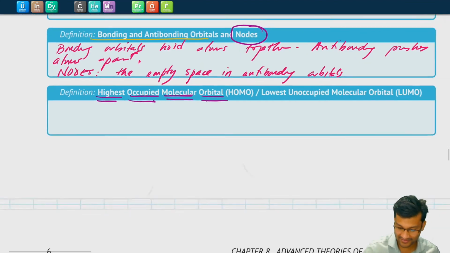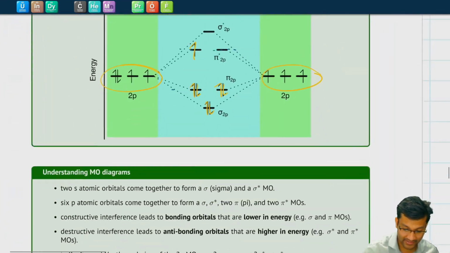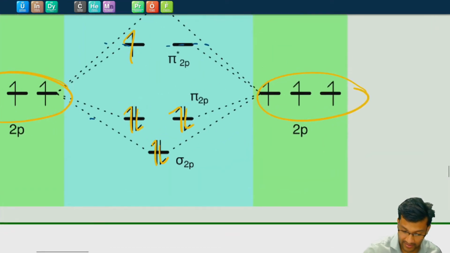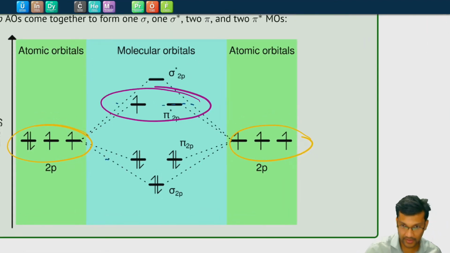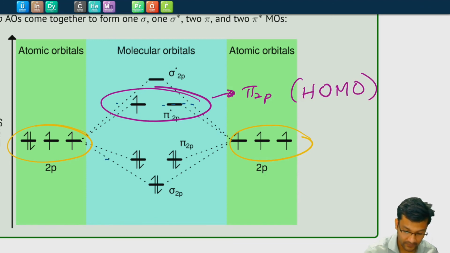I know, it sounds strange, but it is exactly what it is. And so in this example right here, we look at the highest energy orbital that's occupied, and it's that set over there. It's the pi 2p. This is the highest occupied molecular orbital, or HOMO.